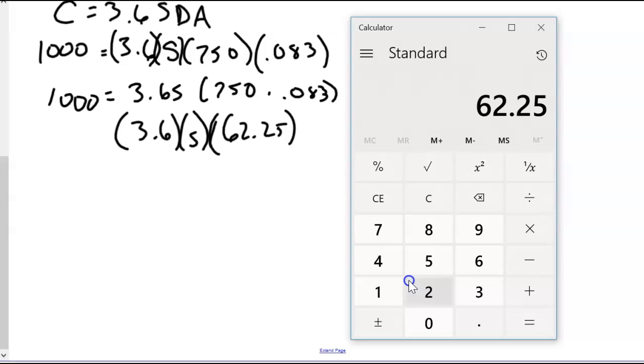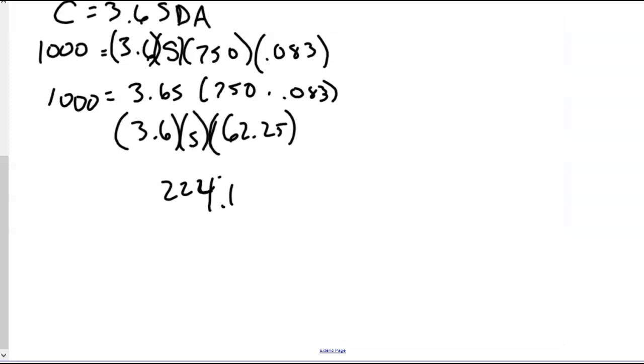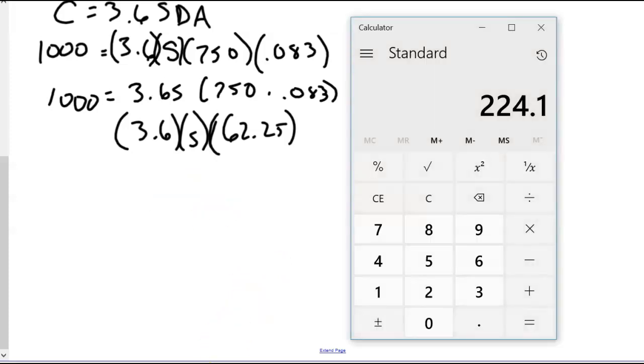So let's multiply 3.6 times 62.25, and we will have 224.1.